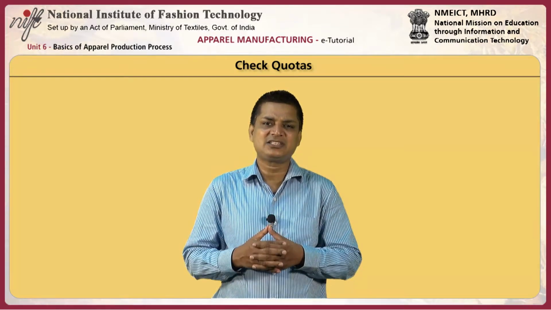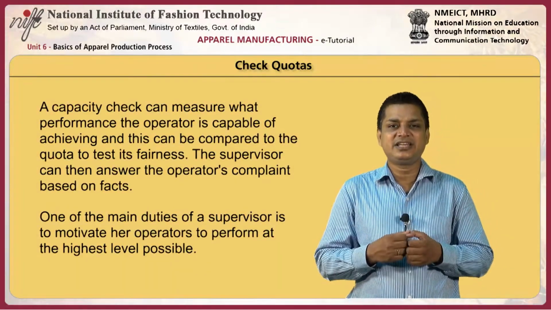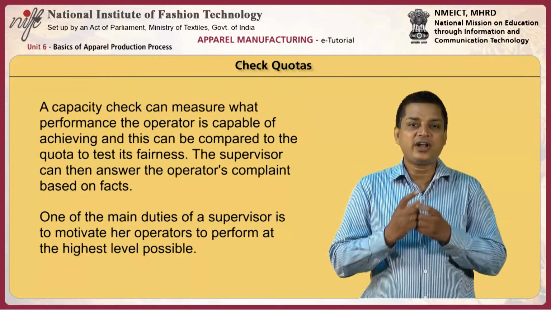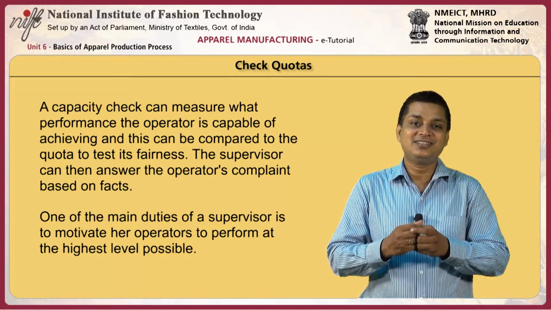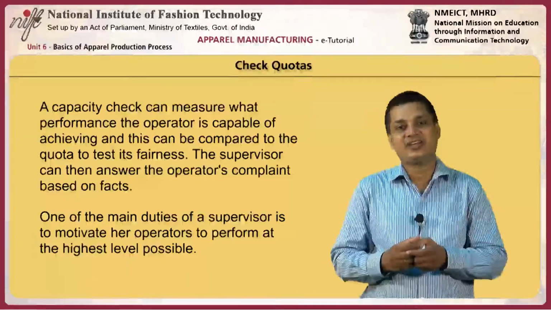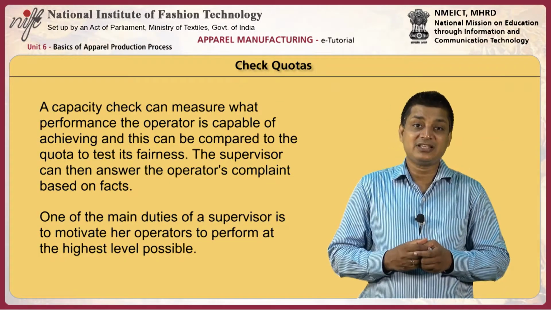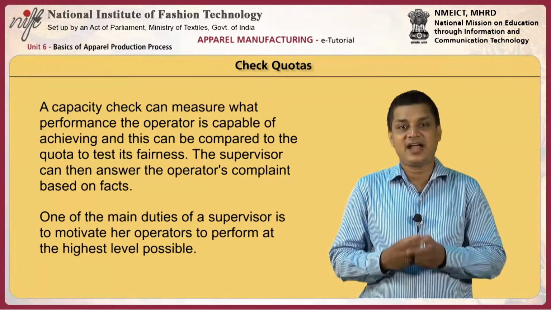This is especially true when new quotas are involved. A capacity check can measure what performance the operator is capable of achieving, and this can be compared to the quota to test its fairness. The supervisor can then answer the operator's complaint based on facts.